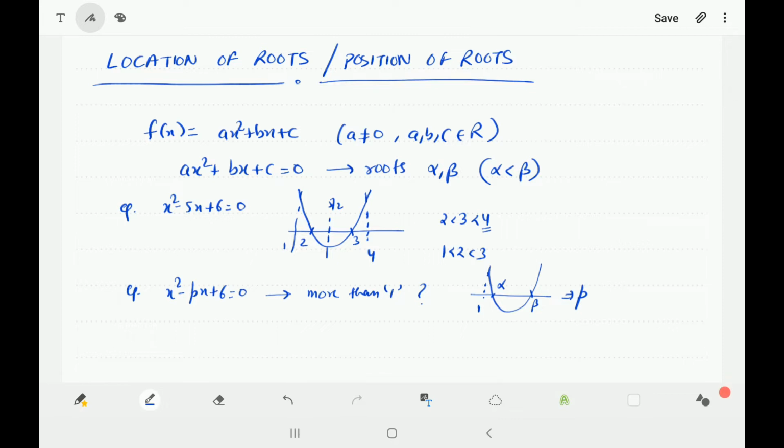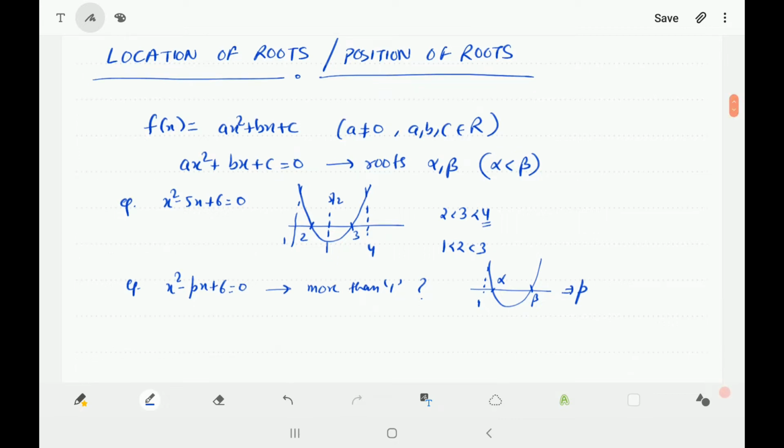Some variable might be introduced in an equation and it will say that both the roots are less than 1, both the roots are greater than 1, or one root is behind 1 and one root is ahead of 1. These kinds of statements will be there and you have to find the value of the variable. Thus, we have divided the location of roots into 6 subtopics which cover all kinds of problems. Now, let's look at them one by one.